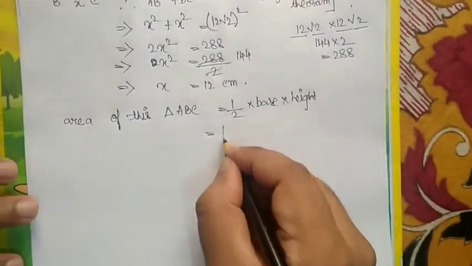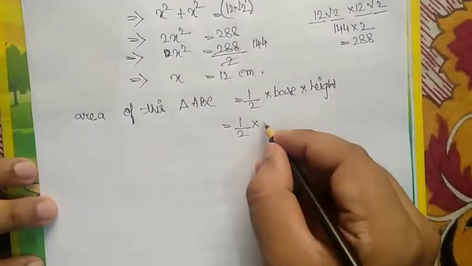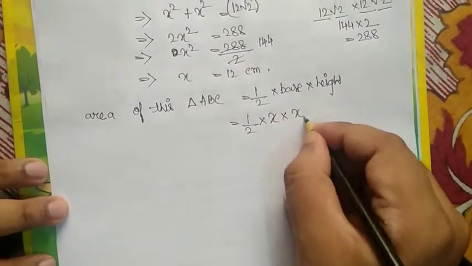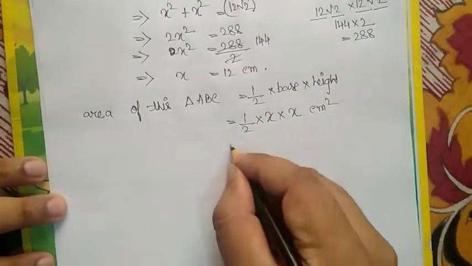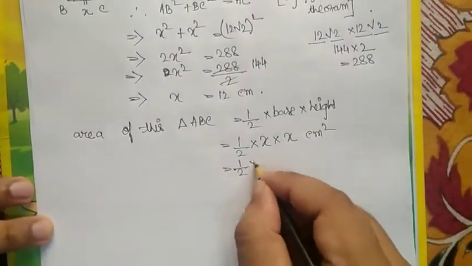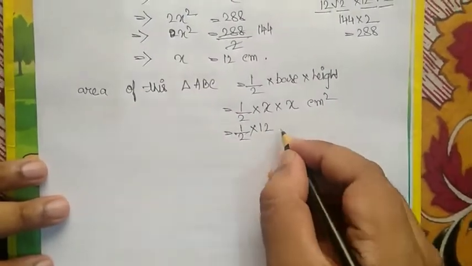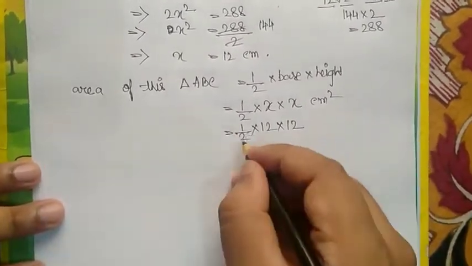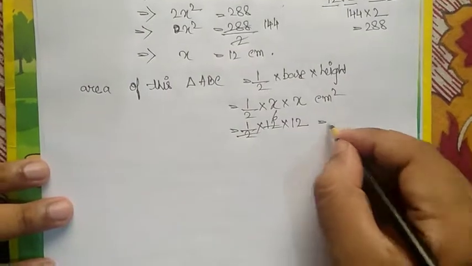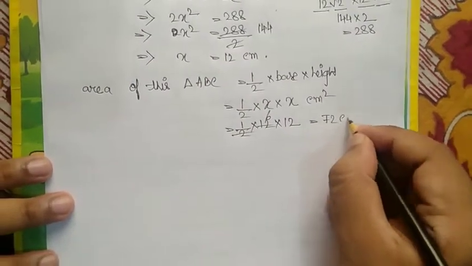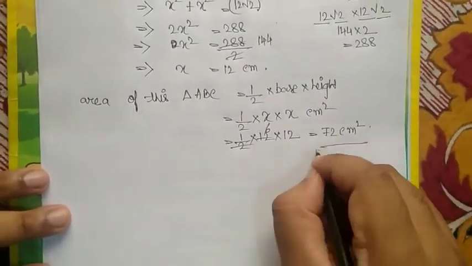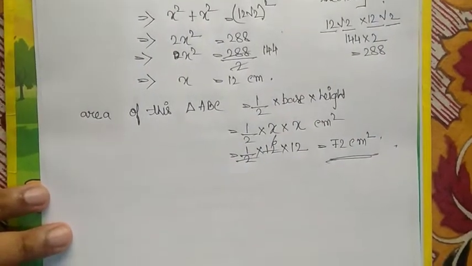So half into base means x and height means also x centimeter square. Now we have to put those values. This x means 12, this x means 12, 6 into 12, 72 centimeter square. So area of this triangle ABC is 72 centimeter square. This is very important.